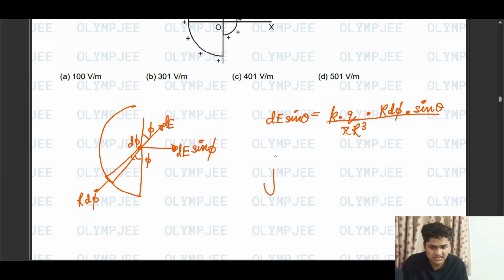So if we integrate this from 0 to pi, we will cover the whole semicircle.